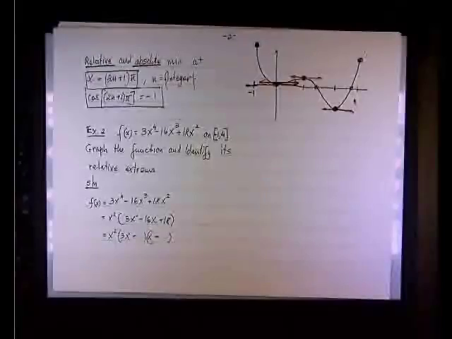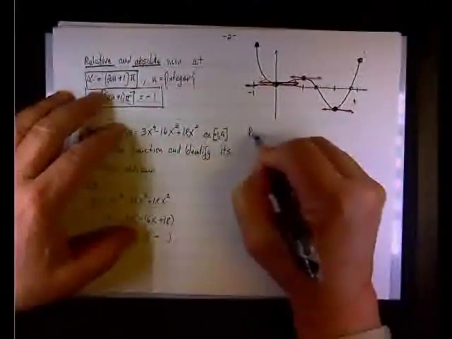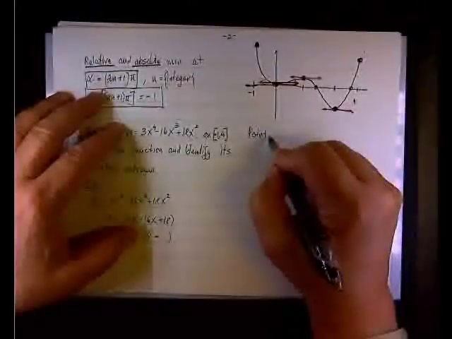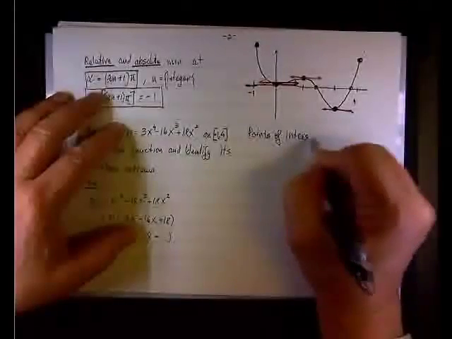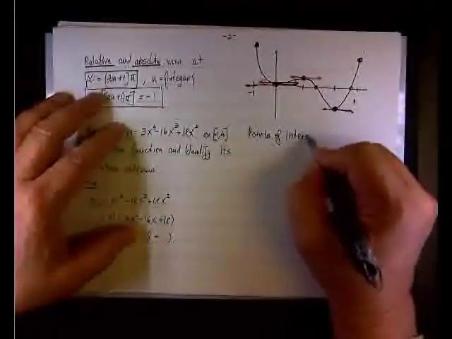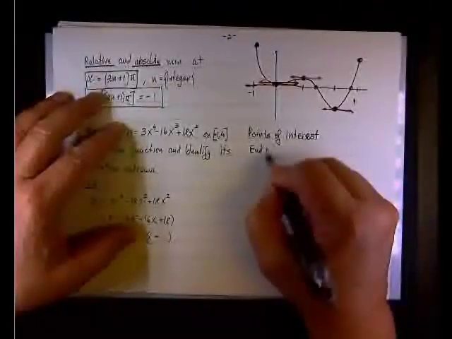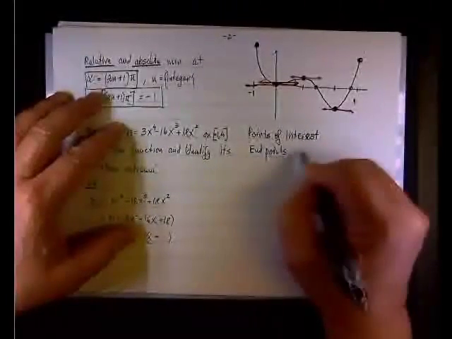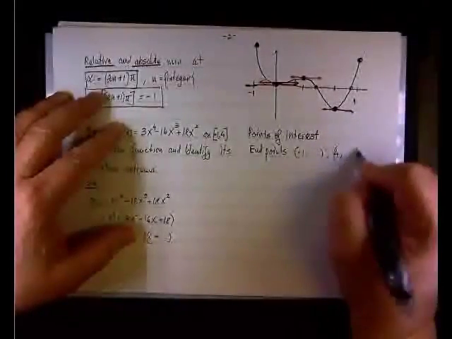So, points of interest to us. The first 2 points are endpoints, and the endpoints are negative 1 and something and 4 and something.